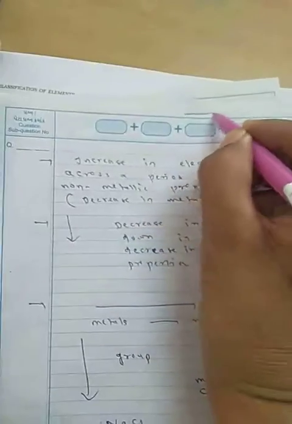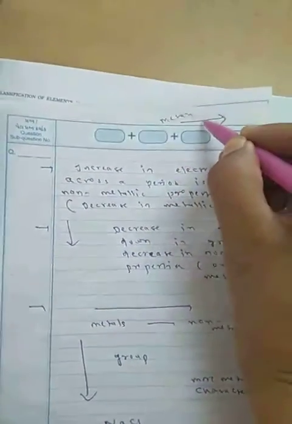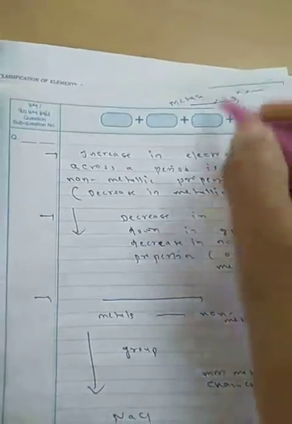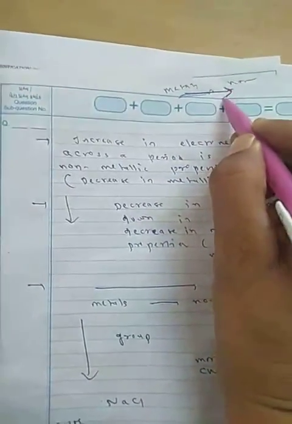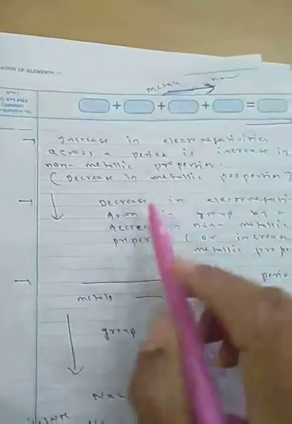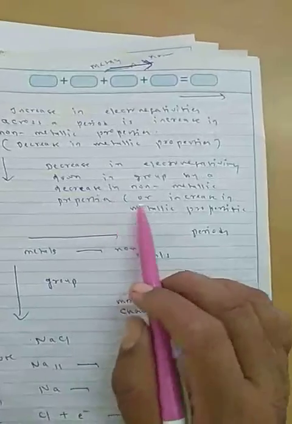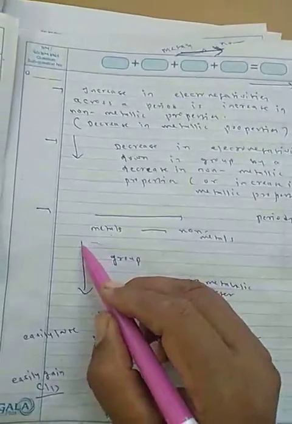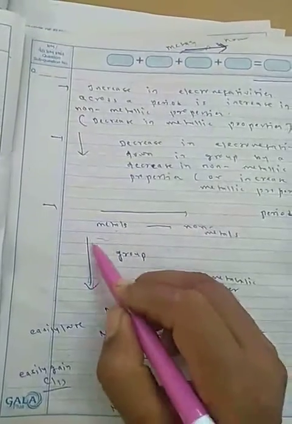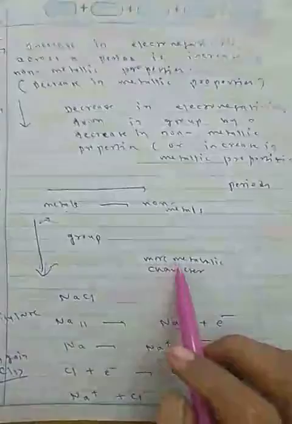So metallic property is going to decrease across a period. A decrease in electronegativity down a group means a decrease in non-metallic property or an increase in metallic property. Down the group, metallic property is going to increase.